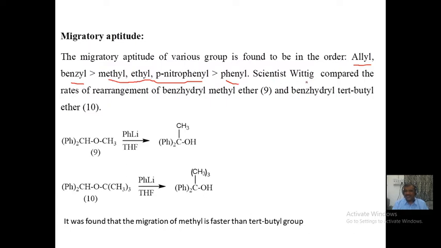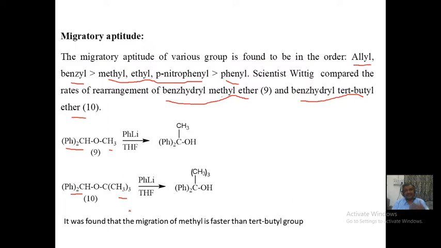Scientist Wittig compared the rate of rearrangement of, listen to me, benzhydryl methyl ether and benzhydryl tert-butyl ether. This is benzhydryl methyl ether, and benzhydryl tert-butyl ether. In the first, that is structure number 9, methyl ether, so this is the methyl group. Here tert-butyl ether, so this is the tert-butyl group, friend.